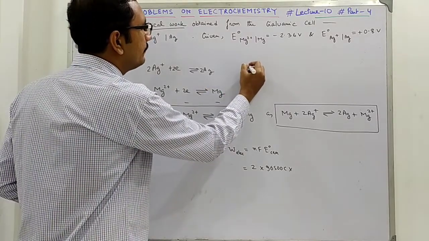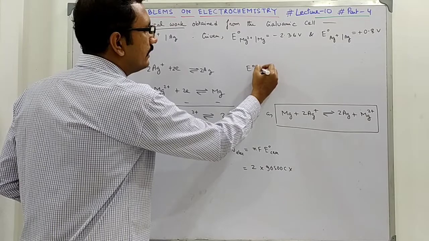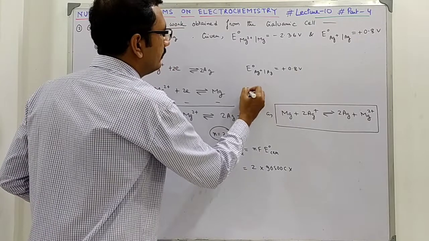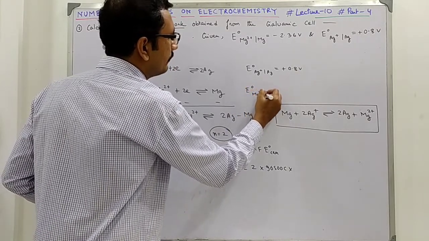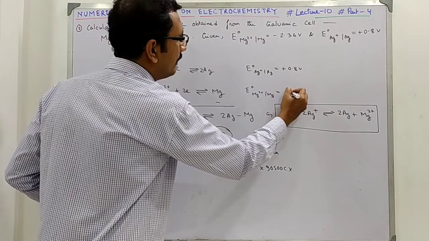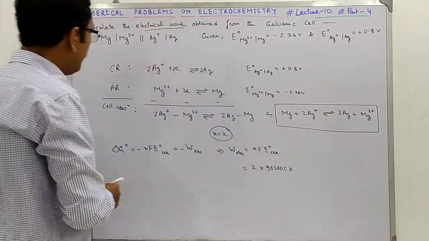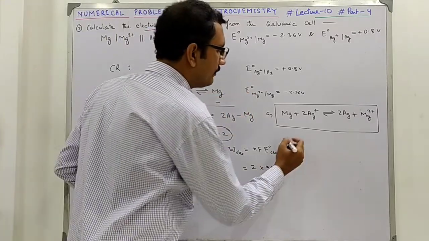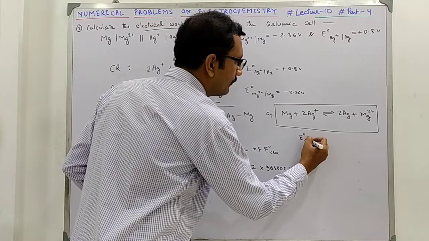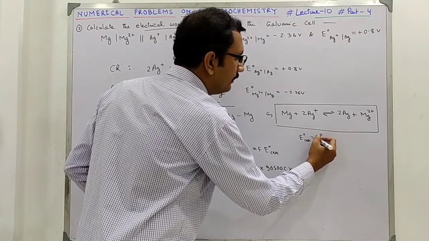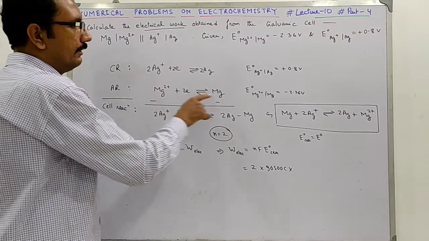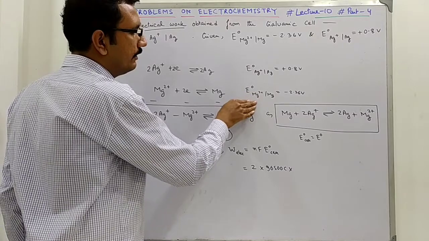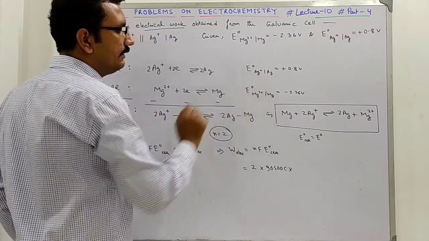So, this cathode reaction has the E0 value plus 0.8 volt, and this one minus 2.36 volt. Since we have to subtract the anode reaction from the cathode reaction to get the value of E0 cell, we have to subtract the electrode potential of the anode from the cathode, since it is given in reduction potential.